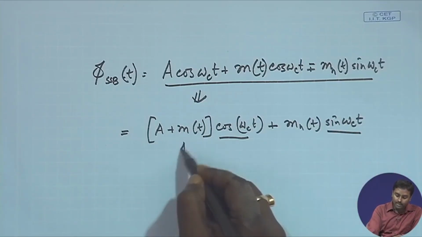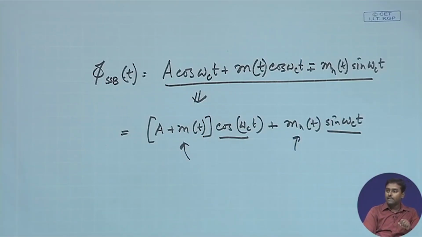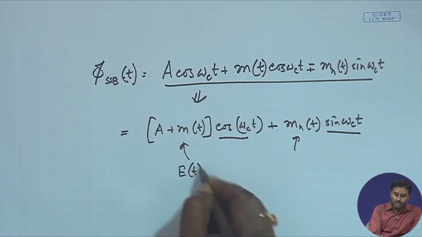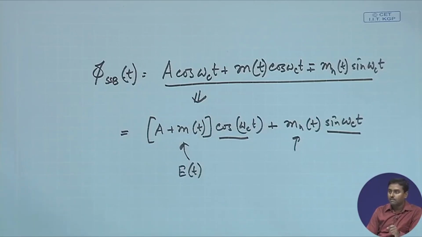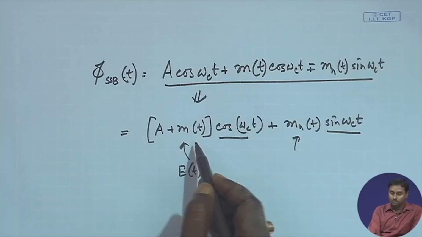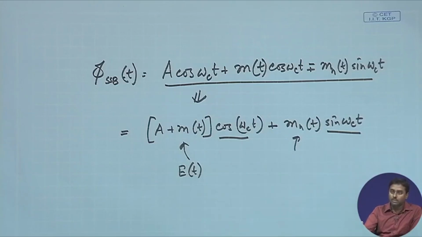I can represent these two terms with another amplitude, let us say E(t), into cos of another theta(t), whatever phase that is, that might have some frequency term, phase term, whatever it is, overall phase. If I just say theta(t), I can always write that this is my E(t) cos theta(t), and this is my E(t) sin theta(t).